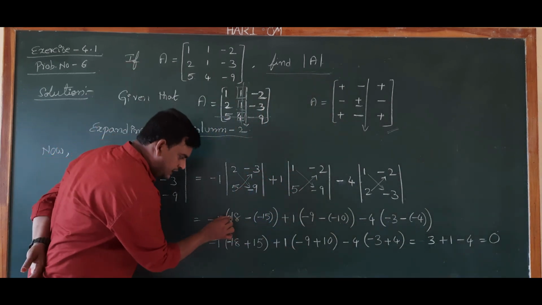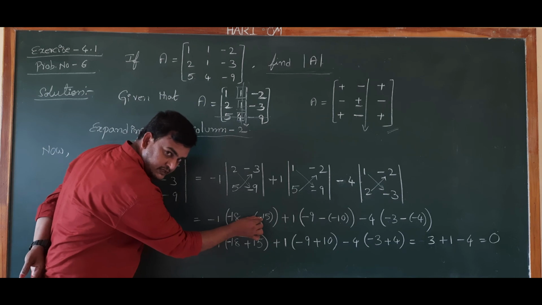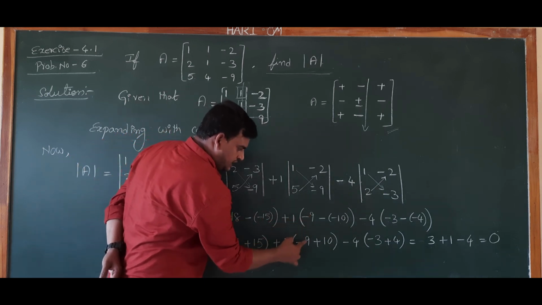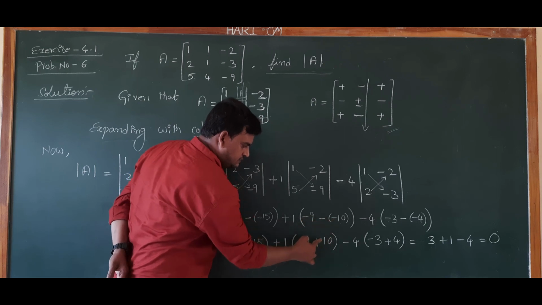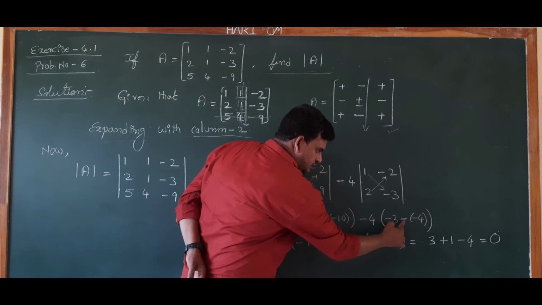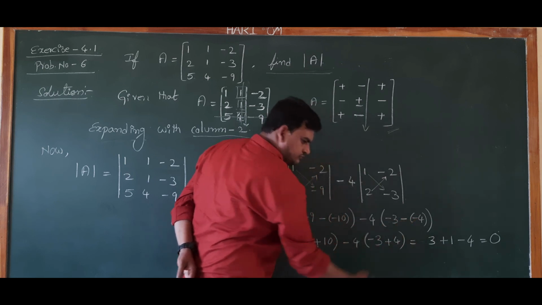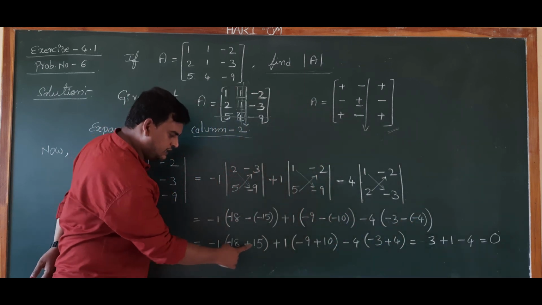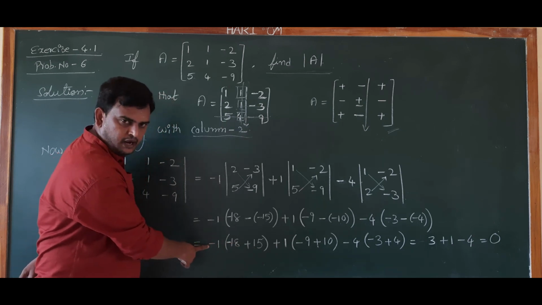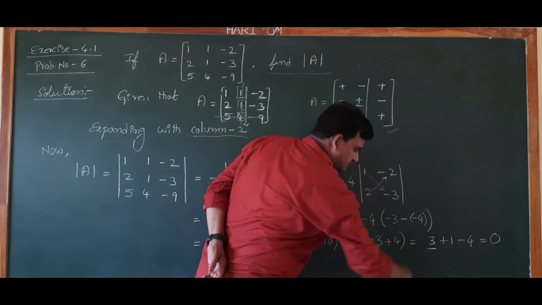Now minus 18, minus of minus becomes plus 15. 1 into minus 9, minus of minus plus 10, minus 4 into minus 3, minus of minus plus 4. Now minus 18 plus 15 gives us minus 3, minus 3 into minus 1 gives us plus 3.